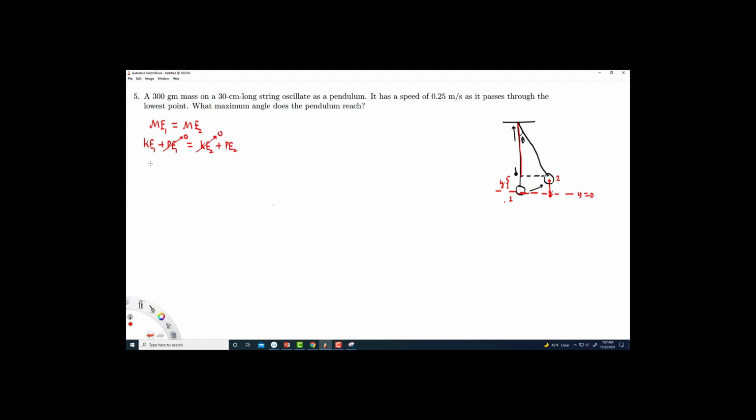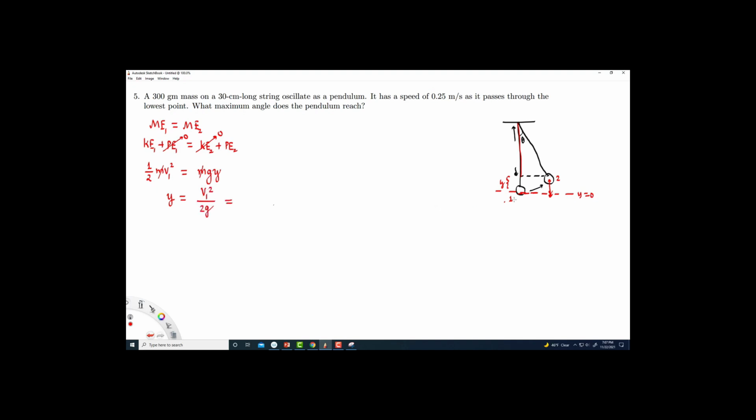So kinetic energy at point 1 is 1/2 m v1 squared. Potential energy is m g y. Okay. So mass and mass cancel. So we want to find y. So y would be v1 squared over 2g.